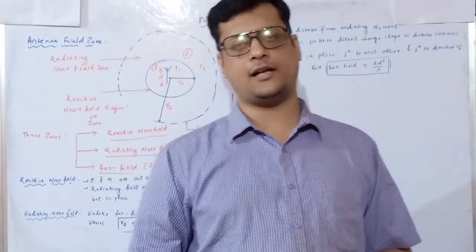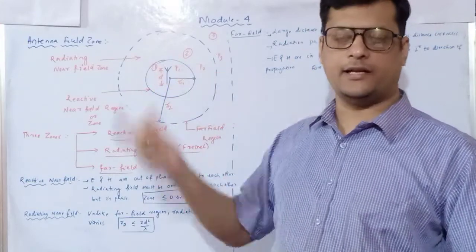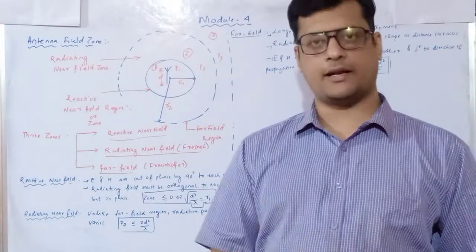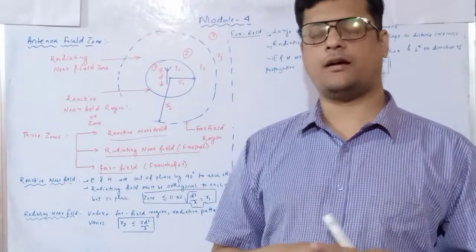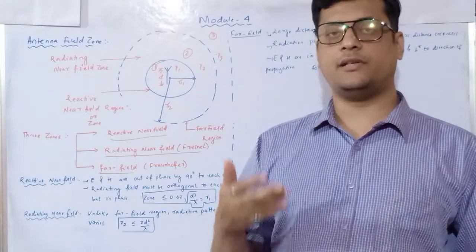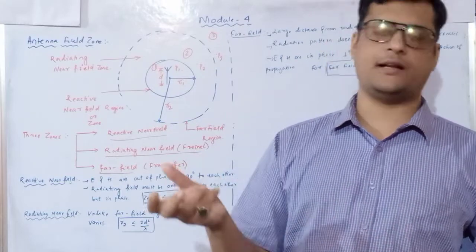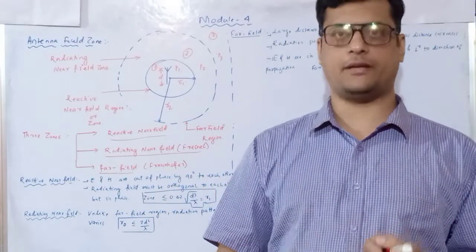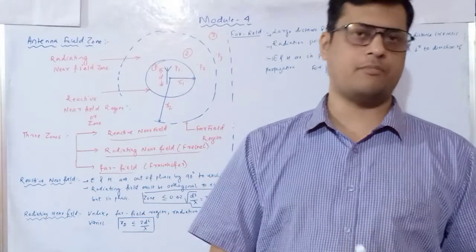That means when we are measuring the intensity of any electric or magnetic field within this first zone, the variations are very high, and the electric field and magnetic field are both out of phase as well as perpendicular to each other according to the direction of propagation.